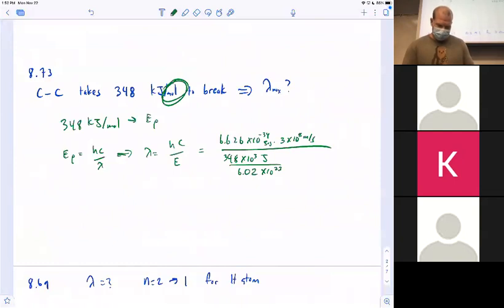So the energy per photon is 348 times 10 to the third joules divided by Avogadro's number.